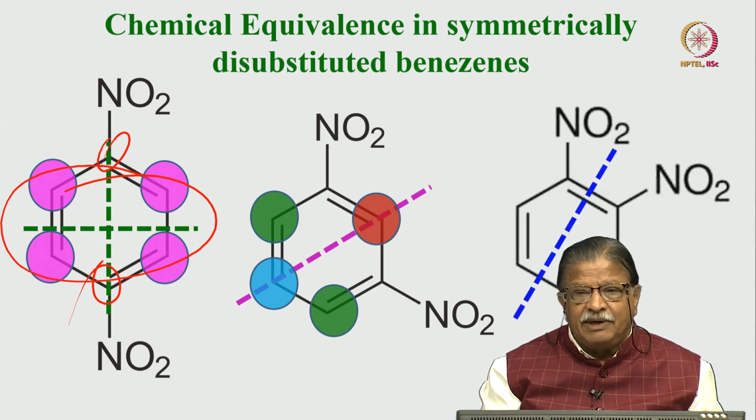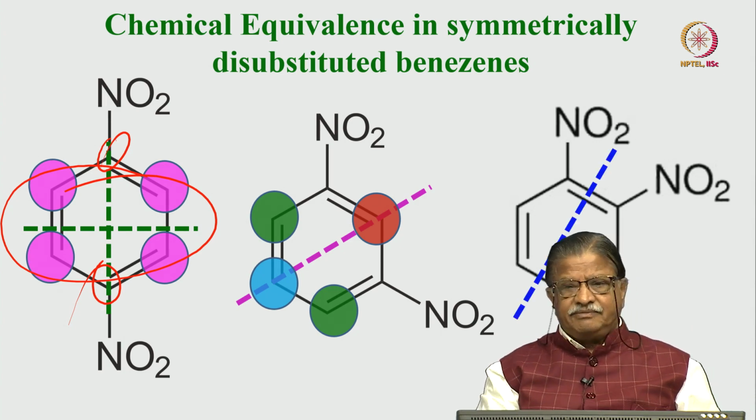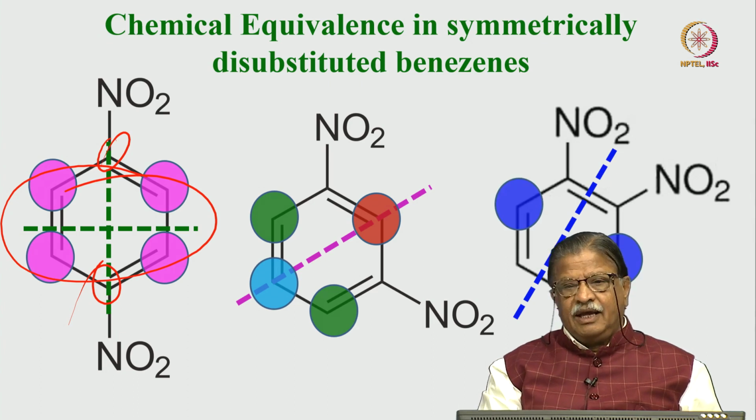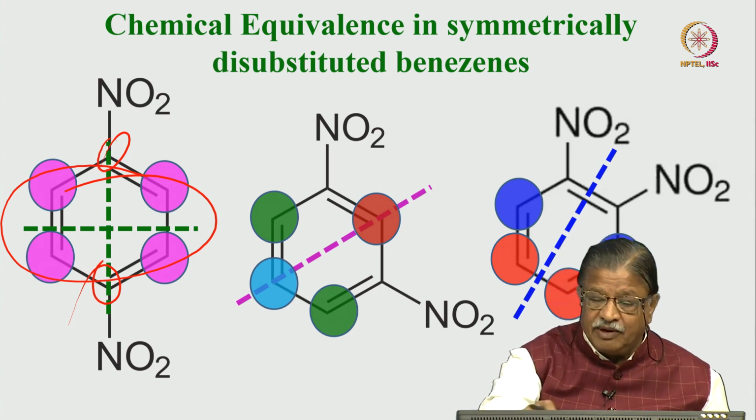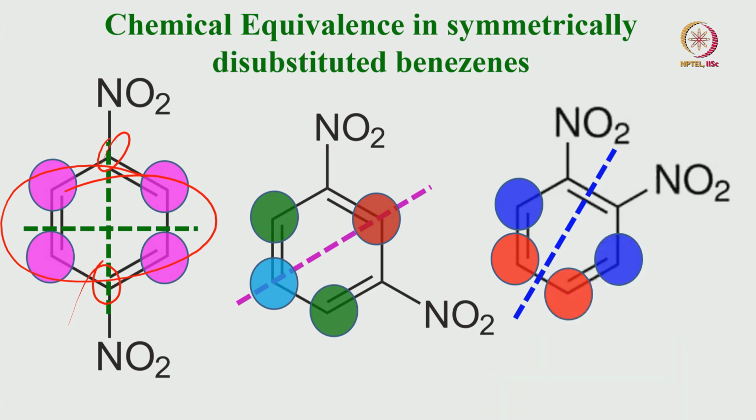Let us look at symmetrically ortho disubstituted benzene. Now, these 2 protons are identical, these two protons are identical. These two give rise to one peak, these two give rise to one peak. We are going to get two different peaks for symmetrically ortho disubstituted benzenes.